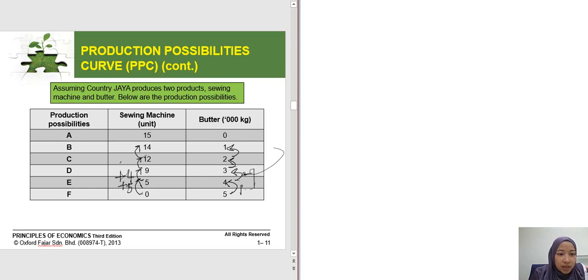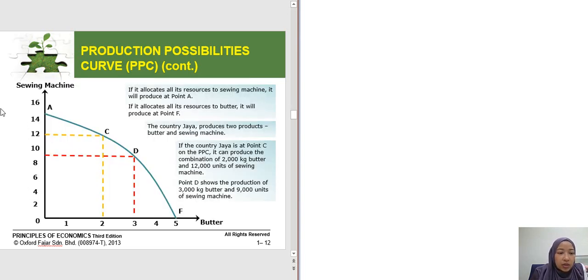So let's proceed. These are the production of butter, in terms of 1000 kg. So you have 1000 kg, 2000 kg, 3000 and so on. And then these are the units of sewing machine that you can produce.